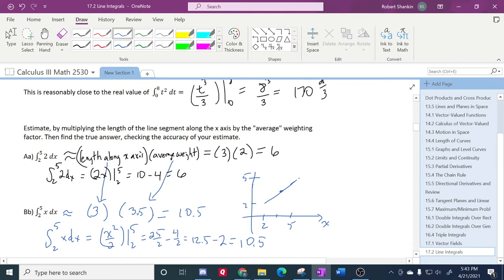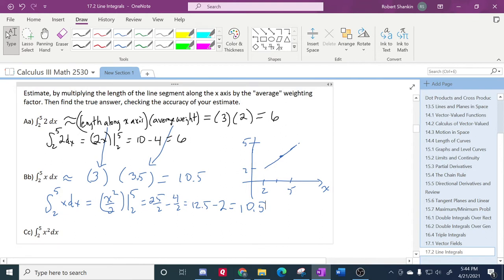We knew we were going to get the exact answer because this was a linear function. The average one would be using the value right in the middle. Alright, let's do it again with C.